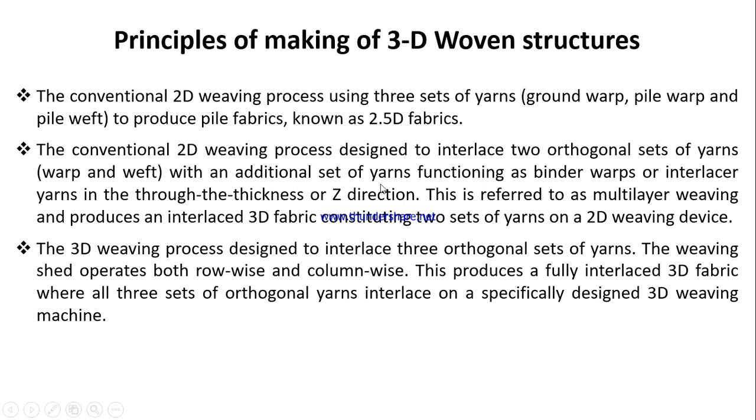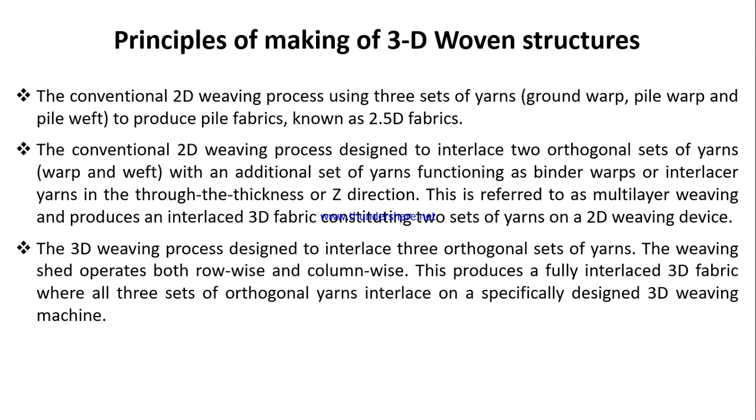If you use an additional set of yarn other than the warp and weft, as a binder warp or interlacer yarn through the thickness or z direction, this is referred to as multi-layer weaving and produces an interlaced 3D fabric constituting two sets of yarn on a 2D weaving device.